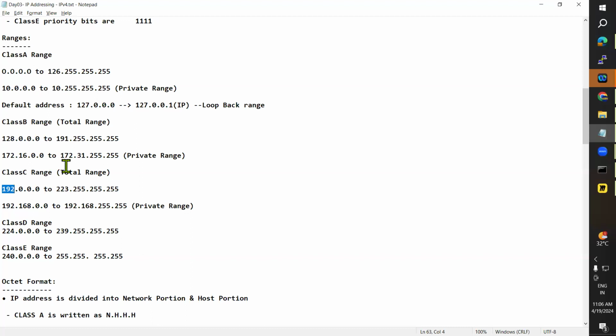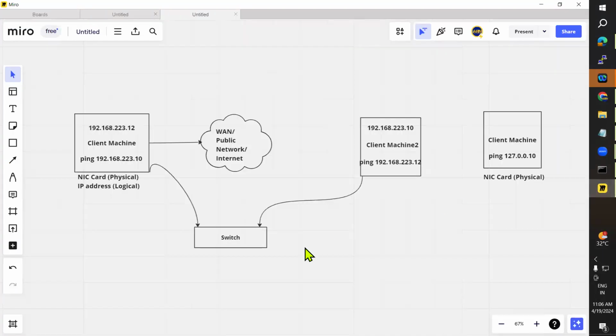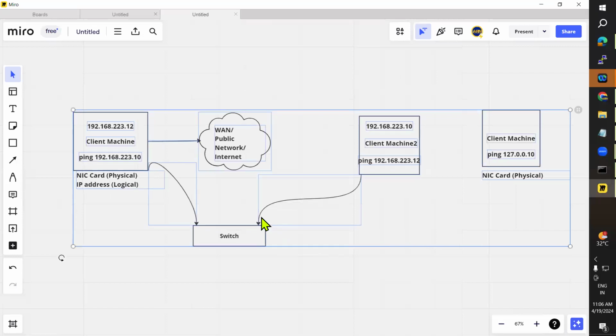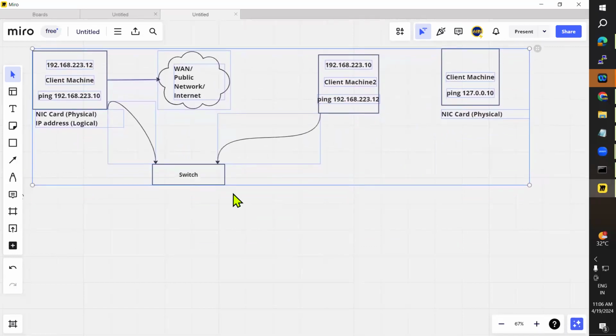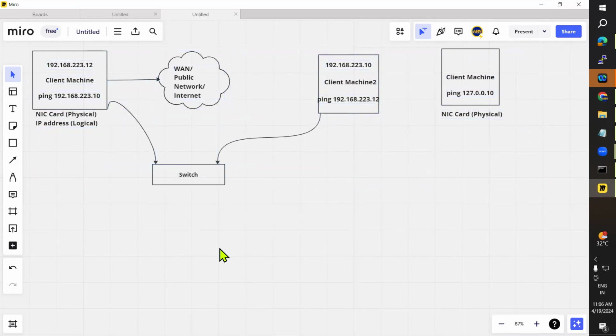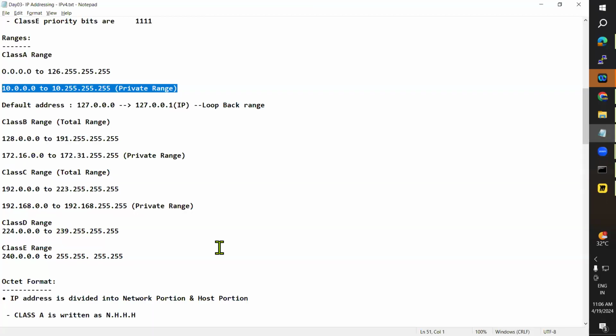Okay. Coming to the private range. What is the private range? Why do we need a private range? See, a few years ago, there was a conflict, meaning an IP address outage.